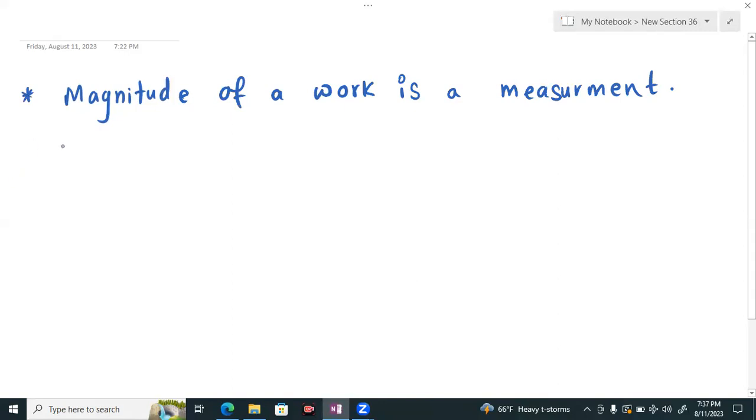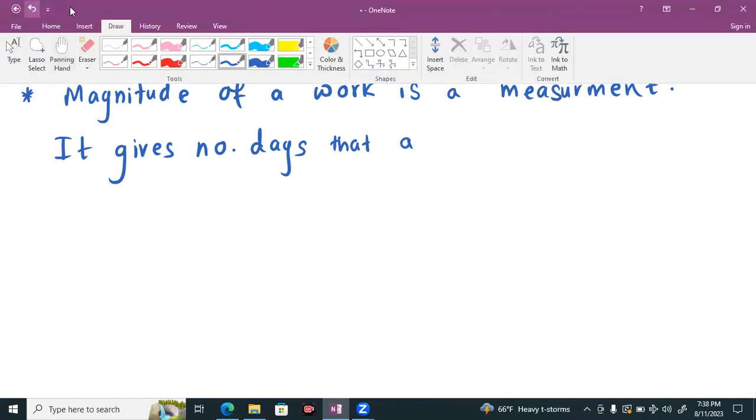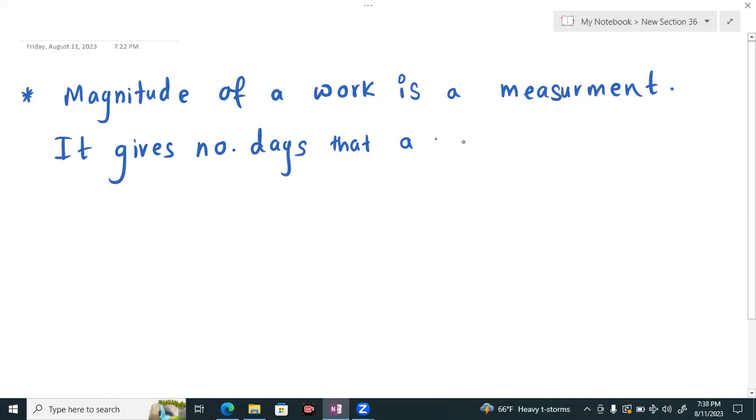We measure the number of days that a man needed to complete the work.